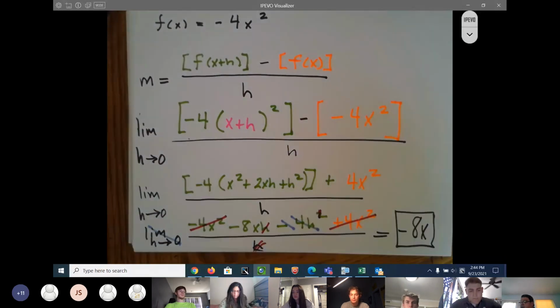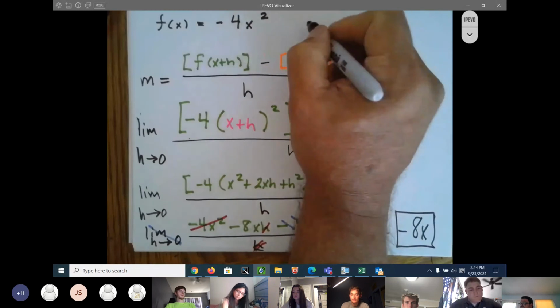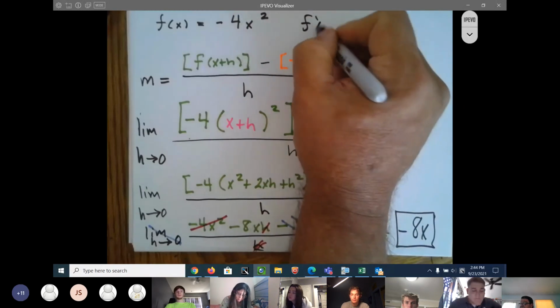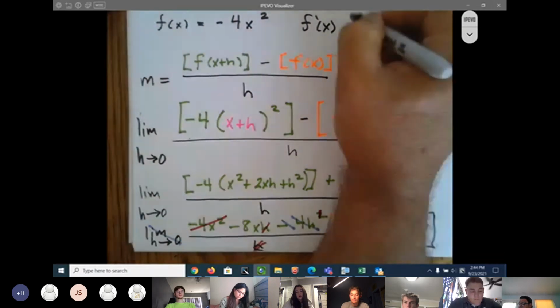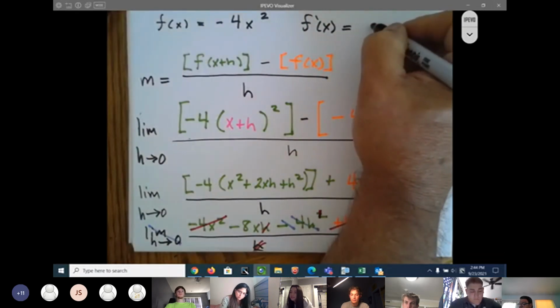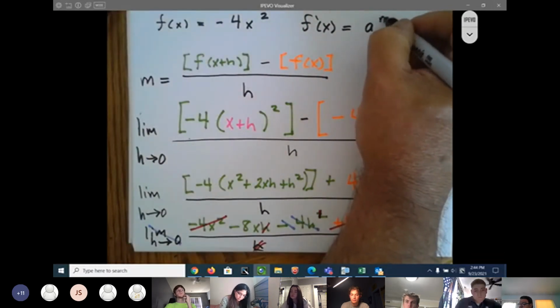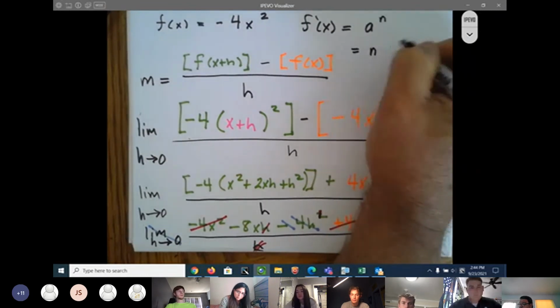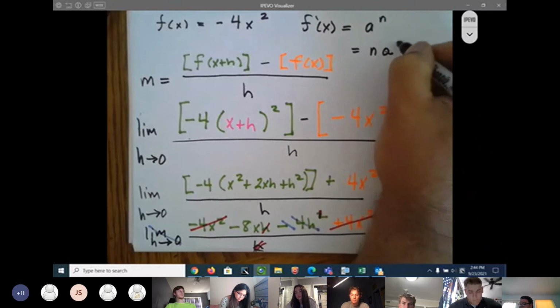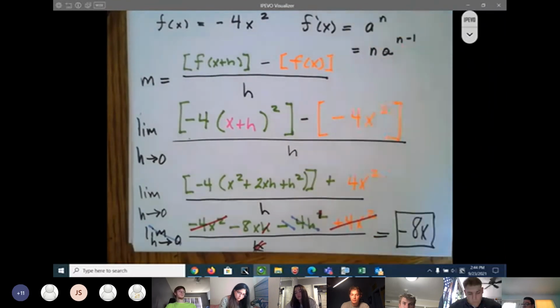Now we can use the power rule. The power rule says f prime of x, and that's another way to write the derivative, is equal to a x to the n: you take that n, multiply it by a, and then you do n minus 1.